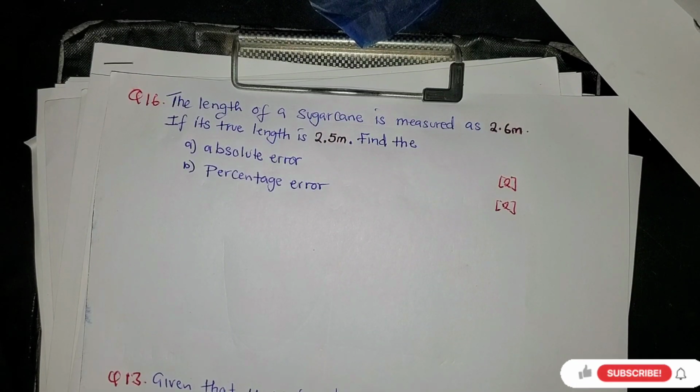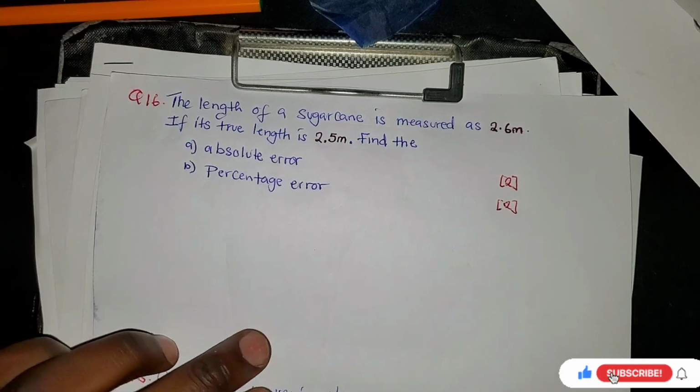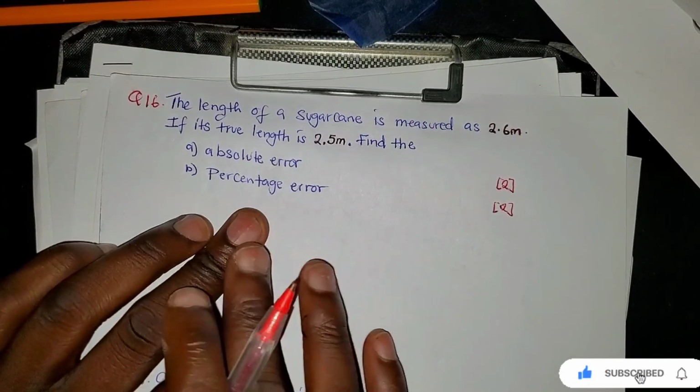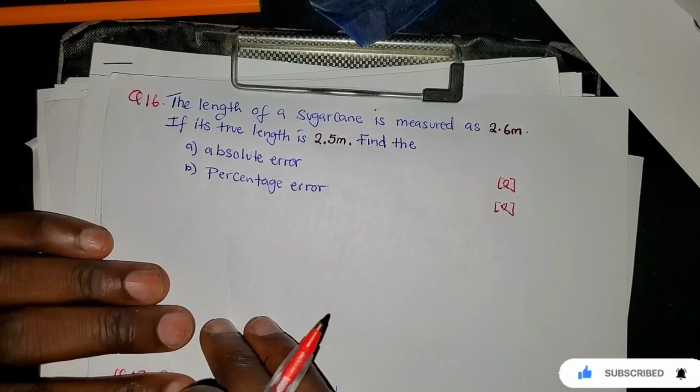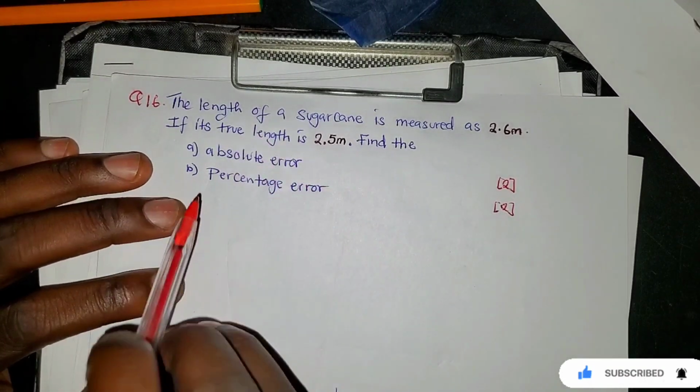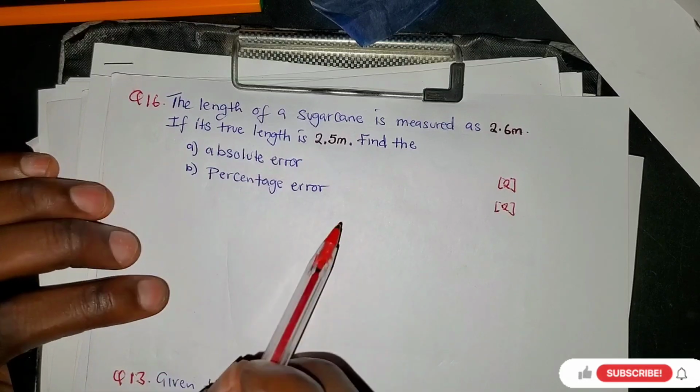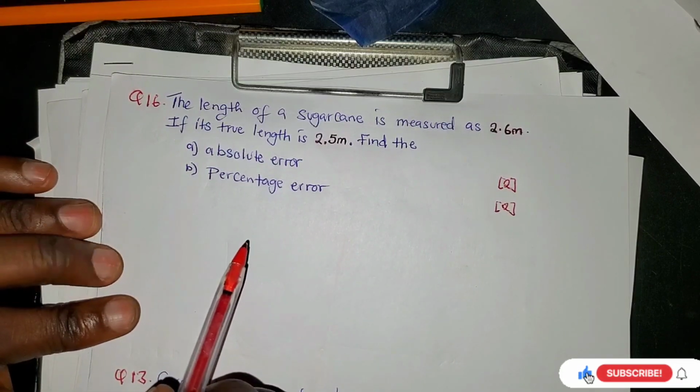Guys, we are still revising the 2024 GCE Paper 1. We are on question 16. This is under approximation, of course, and question 16 is very simple, by the way.